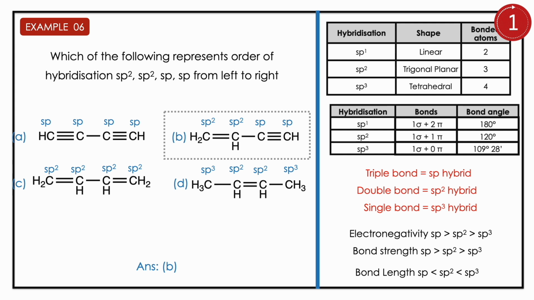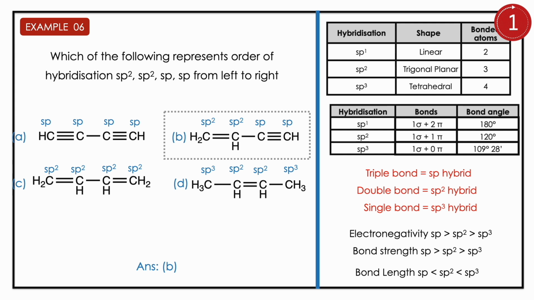But we should eliminate C and D. C has double bonded carbons. So sp2, sp2, again double bonded carbons sp2, sp2. All are sp2. That is not our answer. Then D. If you look at it, the first carbon is single bonded, sp3. The second and third are double bonded, sp2.